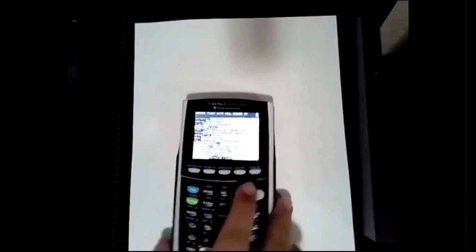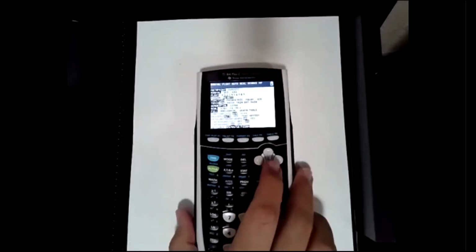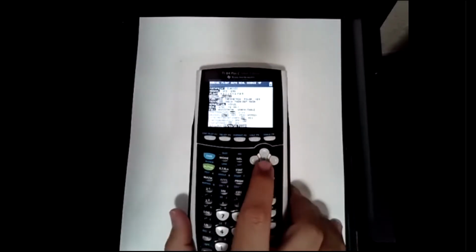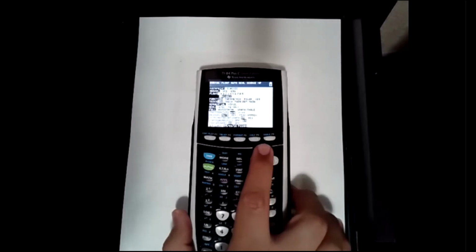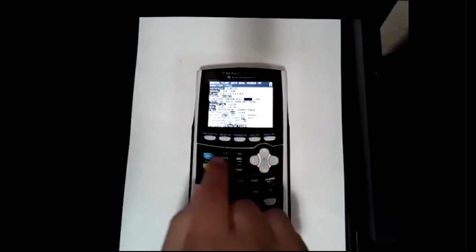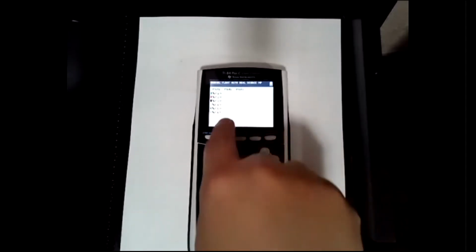So you would have to go to mode. Here it is, where it says function, parametric, and polar. Select polar under mode. Yours may be different, but it should be in mode towards the bottom. Once you've converted, you'll see it says R instead of Y equals.